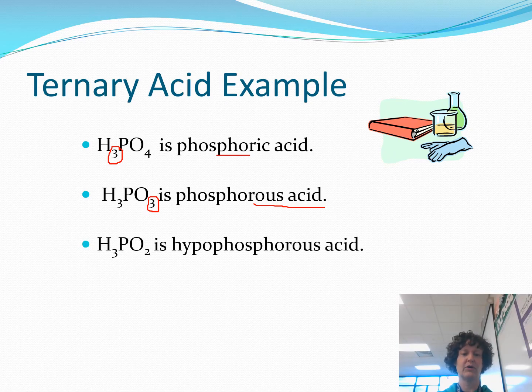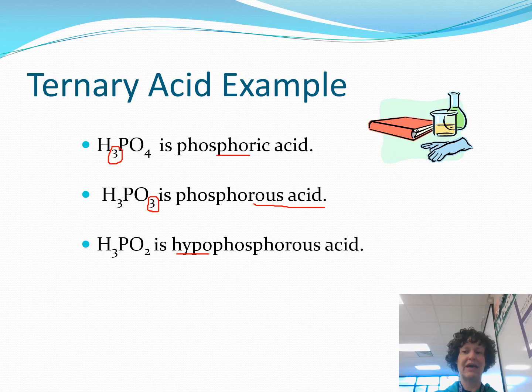So H3PO2 is hypophosphorous acid. So we added that prefix hypo. Remember, we said hypo means less than. Another example that came to my mind was hypothermia, right? With hypothermia, your temperature is lower than what it's supposed to normally be. So it's one less than the 3 in H3PO4.